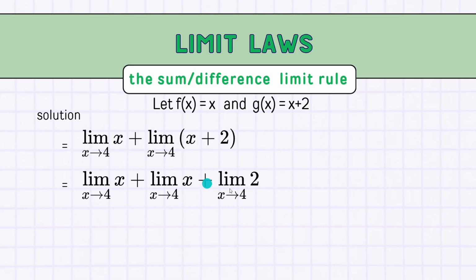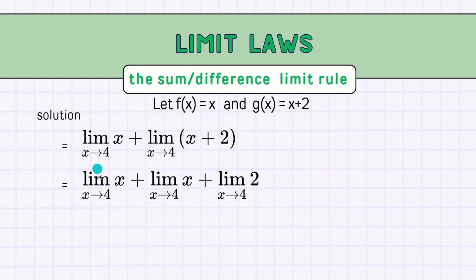So we have three limits here: the limit of x, another limit of x, and the limit of 2. Now we can evaluate each limit. For the first term, we can use the identity function limit rule. For the second term, we can use the identity function limit rule. And for the last term, we can use the constant limit rule.